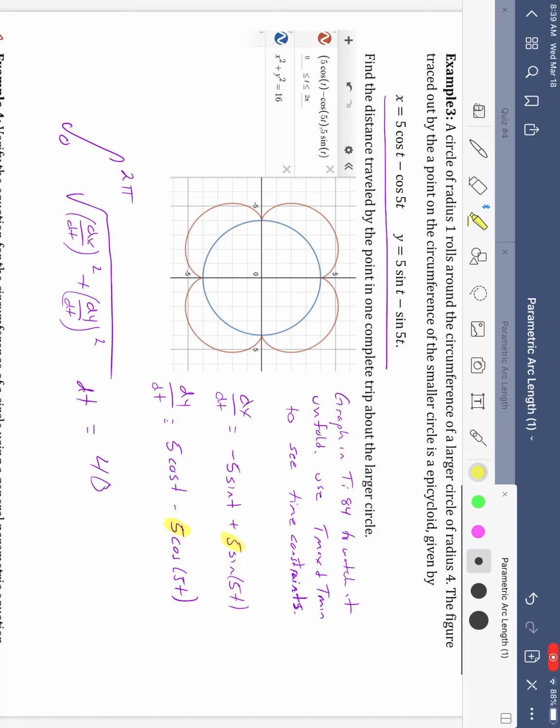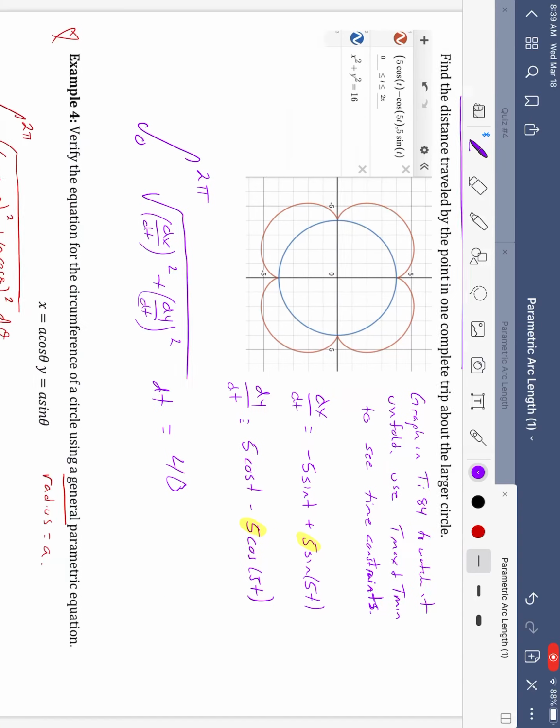So the derivative of sine 5t, you got 5 cosine 5t, and the derivative of cosine is the same way. So don't forget the chain rule there. Then I just do the integral from 0 to 2 pi of the square root of (dx/dt) squared plus (dy/dt) squared dt. Plug in your calculator and you get 40. You actually can evaluate this by hand. It takes a while, you've got to use some trig identities. It's pretty tricky. We would have done it in class. It was kind of cool, but it's a whole lot of work and not expected of you.